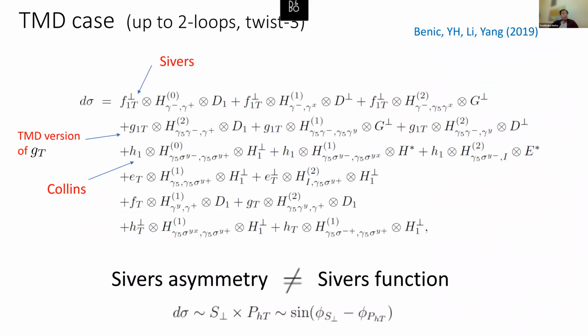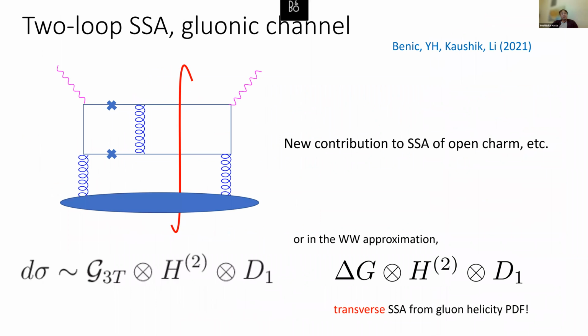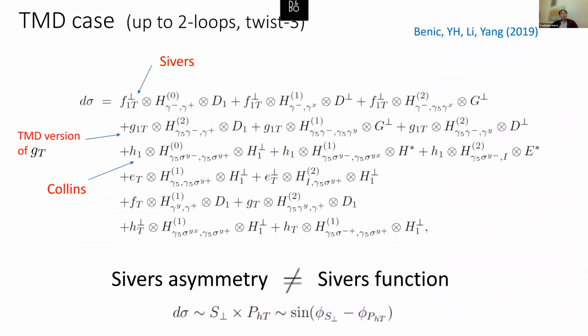And we also have a result for the TMD case, where we find a bunch of new contributions. The first term is the Sivers asymmetry. The first term on the third line is the Collins asymmetry. And the first term on the second line is the analog of this mechanism in the TMD region. So instead of GT, I get G1T, this is a TMD. And so this is a TMD analog of this two-loop mechanism.